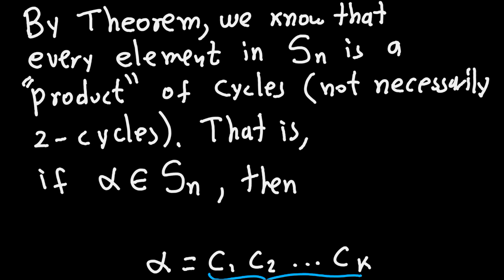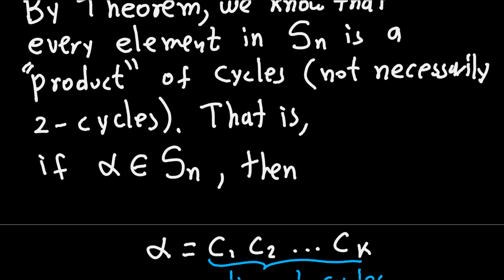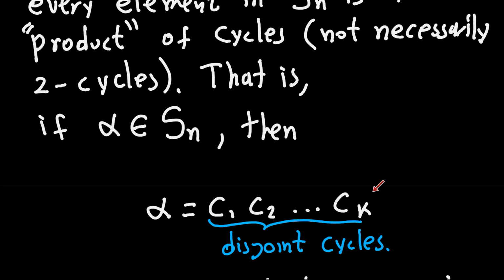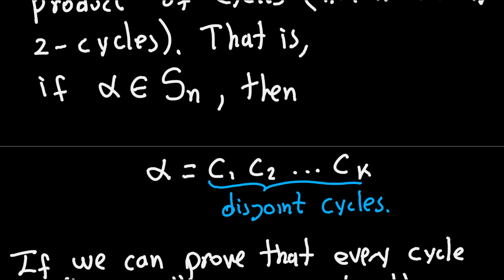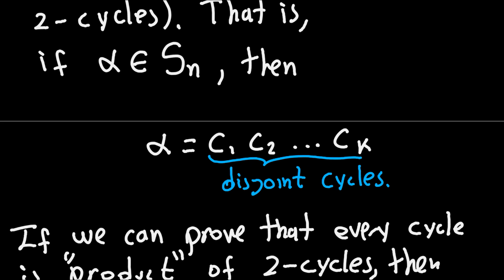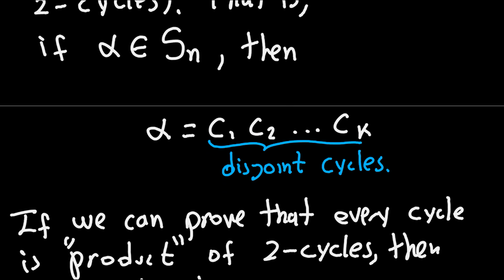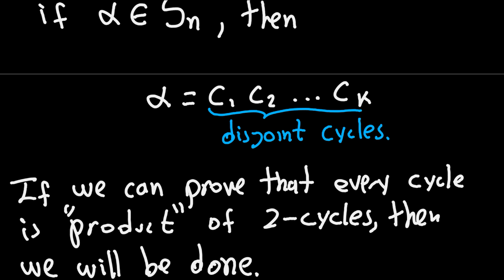What we mean by this is whenever you take a permutation in Sn, you can always write it as a product or composition of disjoint cycles C1, C2, up to Ck, which are all cycles of various lengths. So this, for example, could be length 4, length 5, and so on. Now, how do we prove that alpha is a product of two cycles? That's what we want to prove.